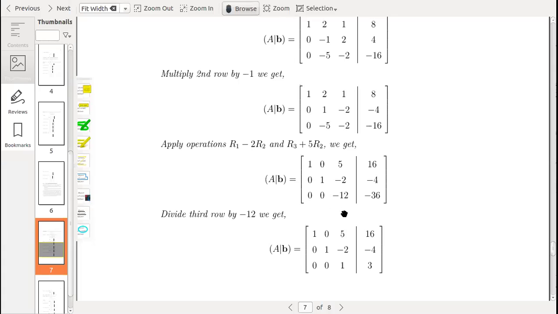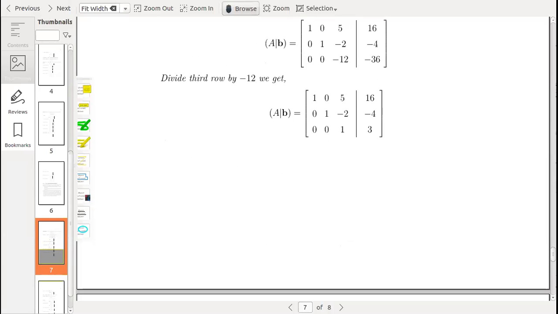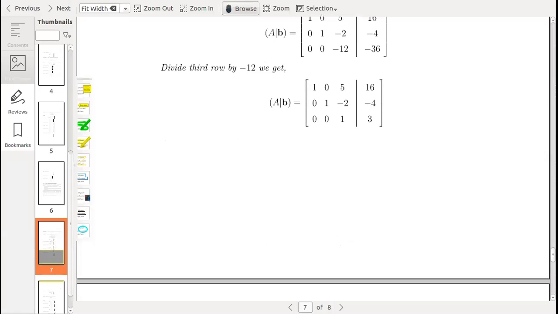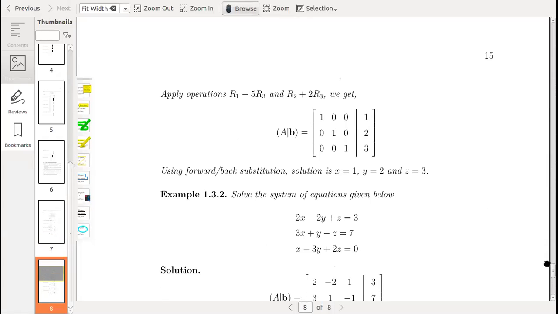And if you compare this with the Gaussian elimination method, here the Gaussian elimination method is completed because you have a matrix in the form of an upper triangular matrix. But for the Gauss-Jordan method, you have to perform other operations to reduce this system, like this one.